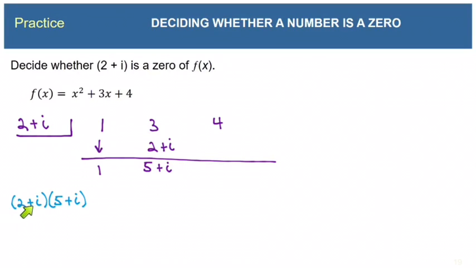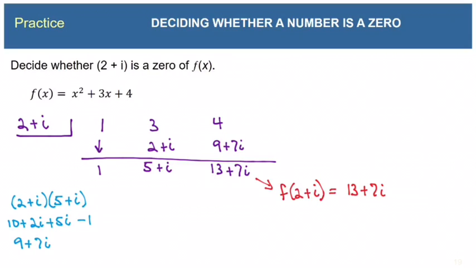FOIL operation, 2 times 5 is 10, outer times outer is 2i, inner times inner is 5i, last times last is i squared, which is negative 1. Okay, now when you combine the like terms, you get 9 plus 7i. Put that here. Now add. You get 13 plus 7i. And so the answer is f of 2 plus i is 13 plus 7i. So 2 plus i is not a 0 of this function.